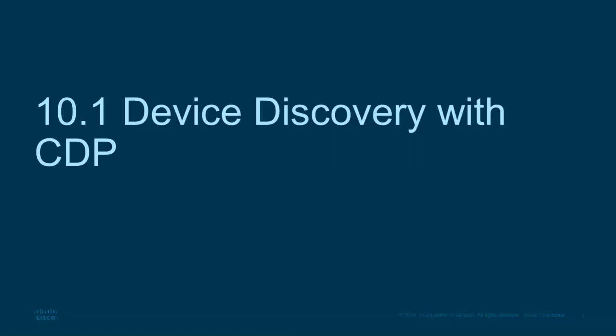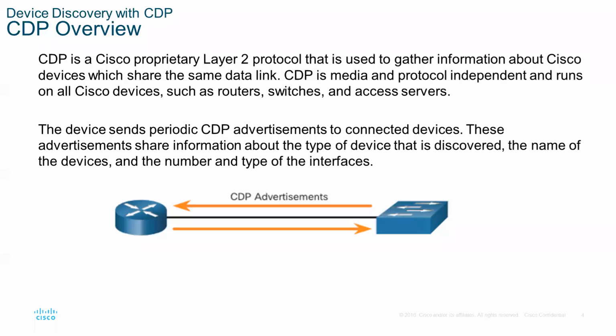So let's start off with Cisco Discovery Protocol. Now, this is a Cisco proprietary protocol, works at layer 2, and allows you to discover information about a neighbor that is also a Cisco device. So it only works with Cisco devices.